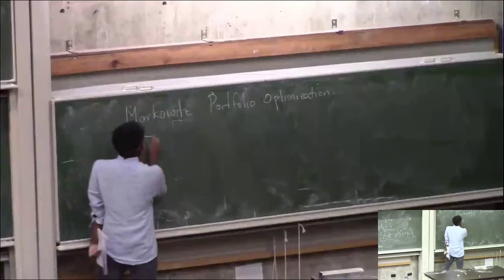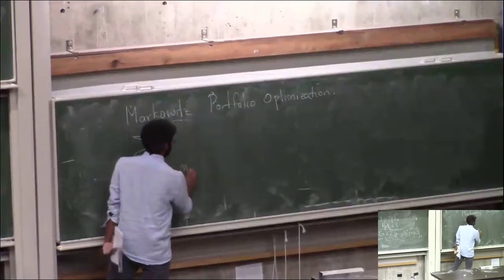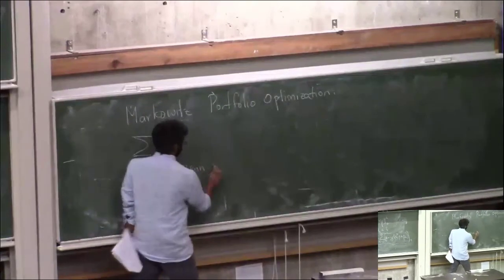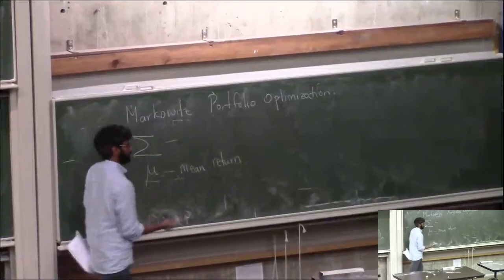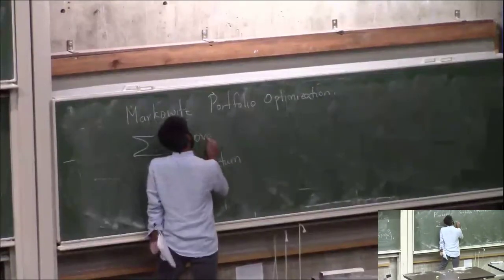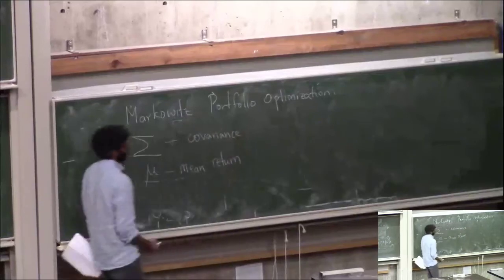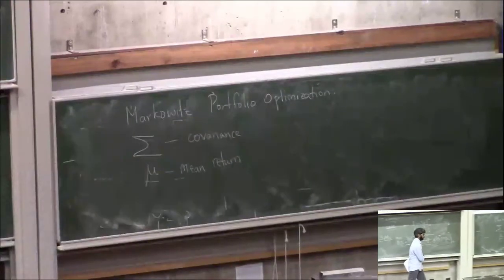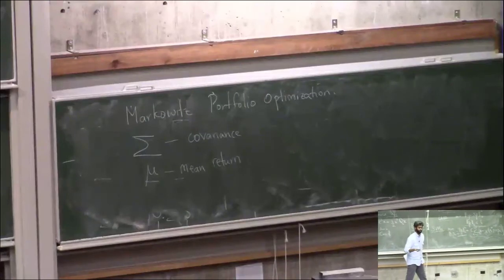So there's some matrix sigma and some vector mu. This is somehow the mean return for each stock, and this is some covariance between the returns. You'd like to design a portfolio that has high mean return but has low volatility, that is, low variance.